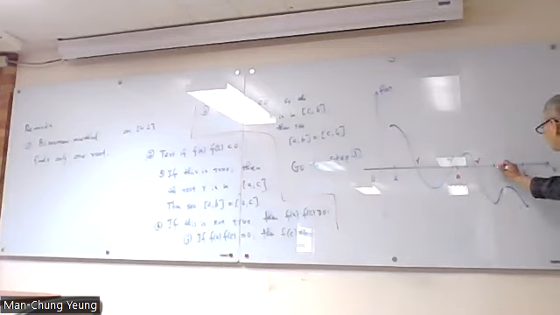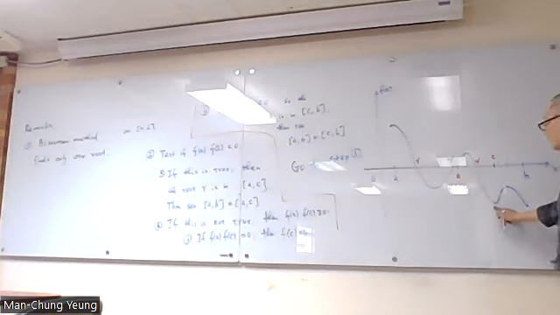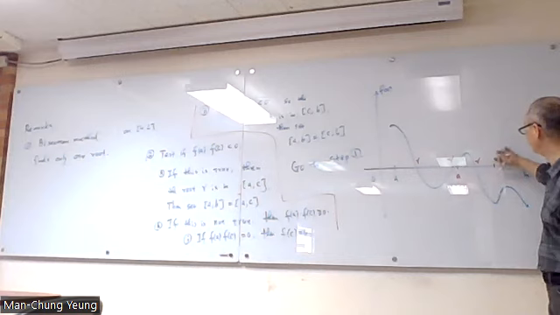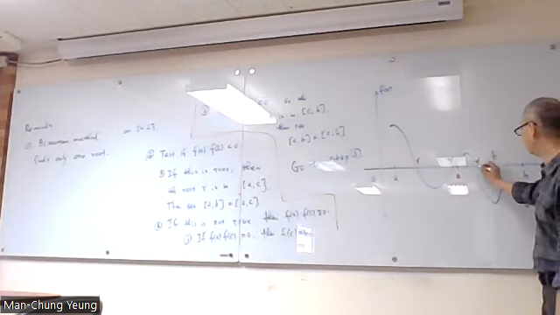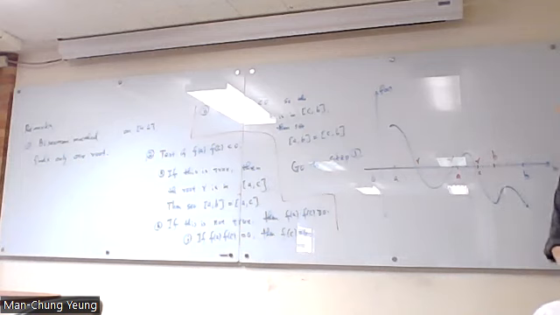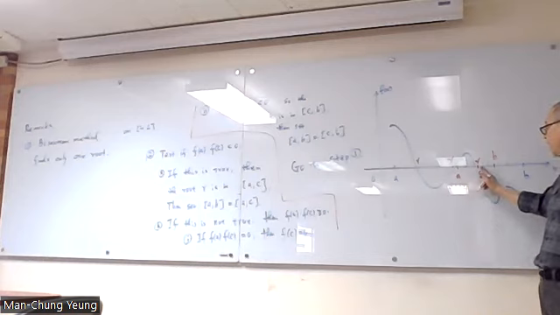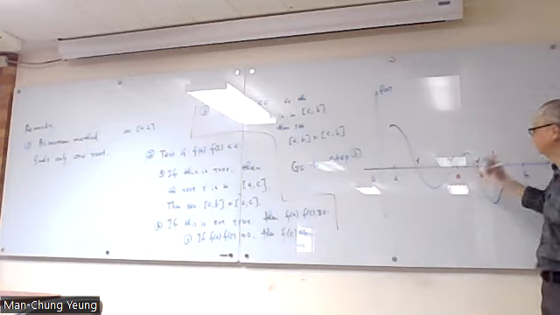Then take the midpoint C again. The function value at A is positive and at C is negative, so the next new interval AB is this one. Cut at C again: f of A positive, f of C negative, so the next new AB is this interval.